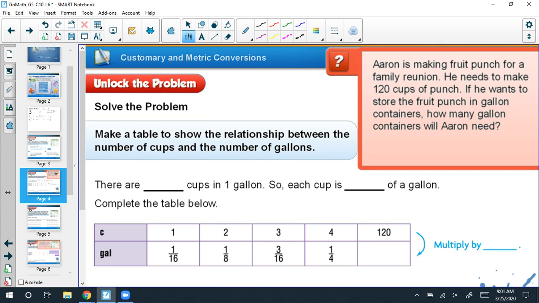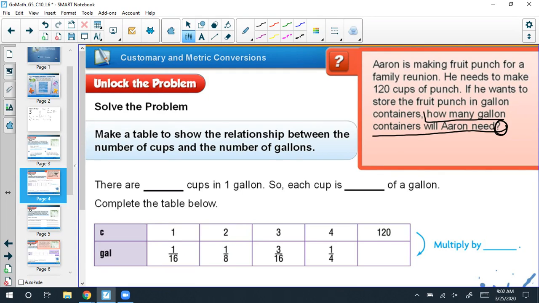Well, in this question, and just like all other questions, the first thing that I really want to ask myself is, what is this question? Here it is at the very end. It's easy to find because it is usually finished with a question mark. So our question here is, how many gallon containers is Aaron going to need? The second part of problem solving is asking, what information in here is going to help me to answer that question?